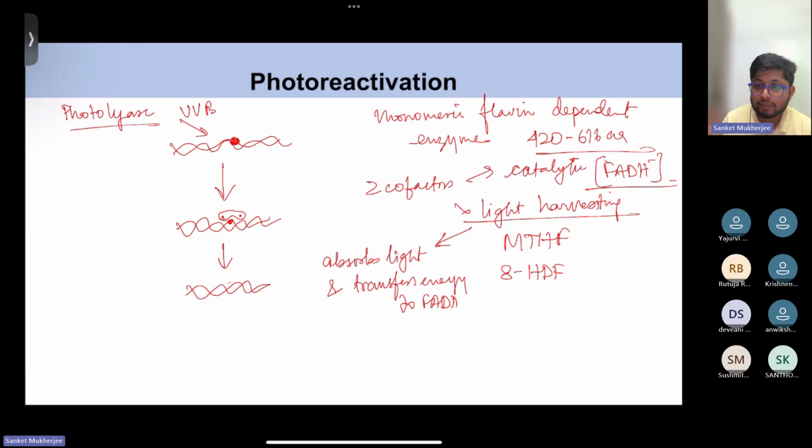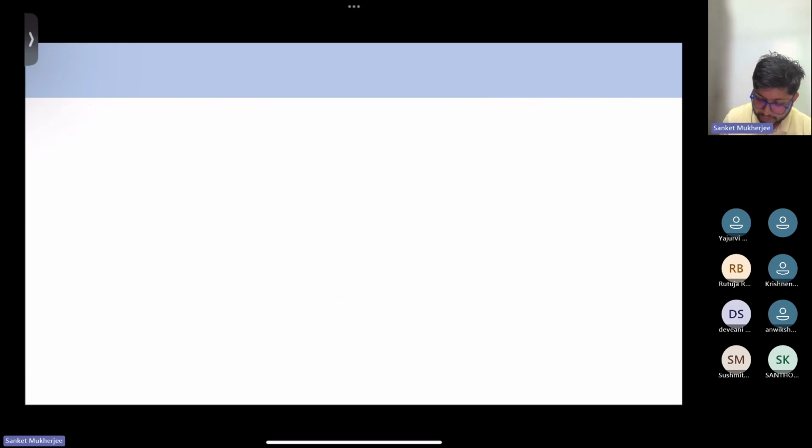Also, one other very important factor for photoreactivation, which I forgot to mention, is light, near UV light, which is near the visible spectrum. Right? Fine. Let's go to the next slide.